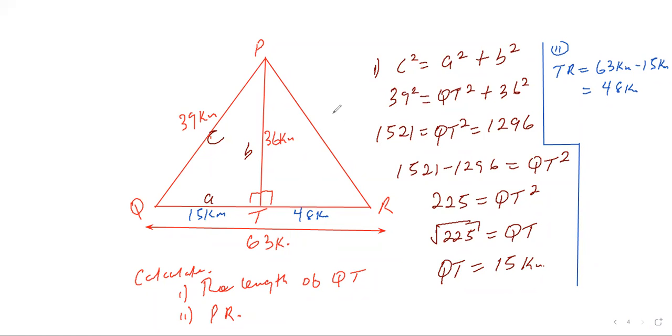So we label the sides, right? For this part of the triangle, this will be our C, here can be A and here can be B. Remember the most important thing is this: the hypotenuse should always be your C. So we use C square is equal to A square plus B square.